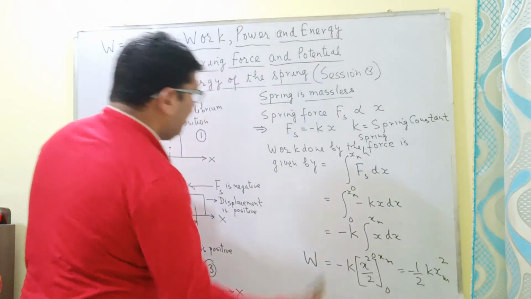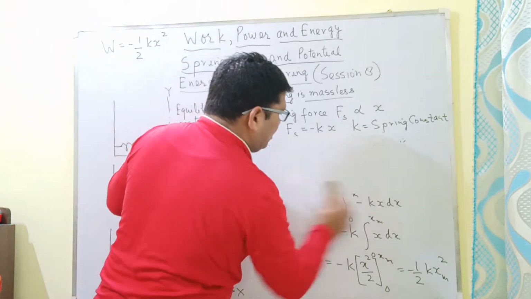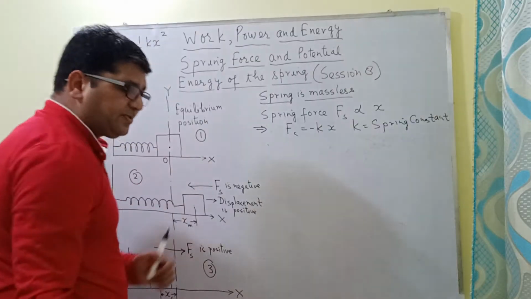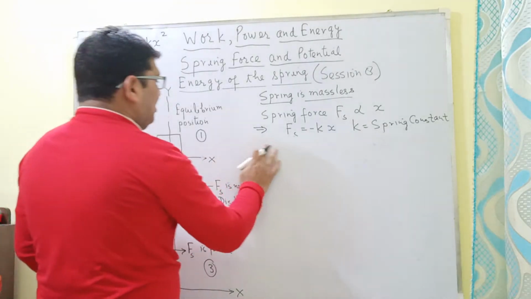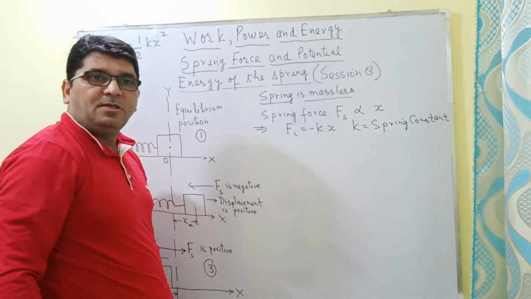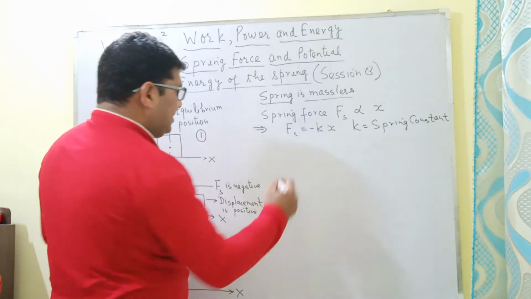Now, in the previous session, session number 7, we have seen that the potential energy is equal to the negative of the work done.